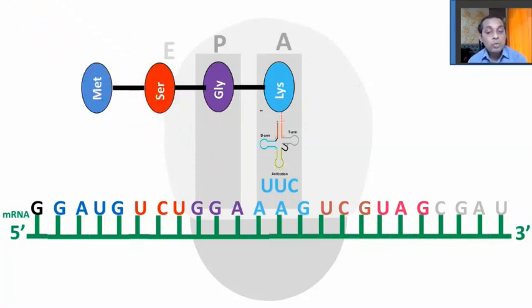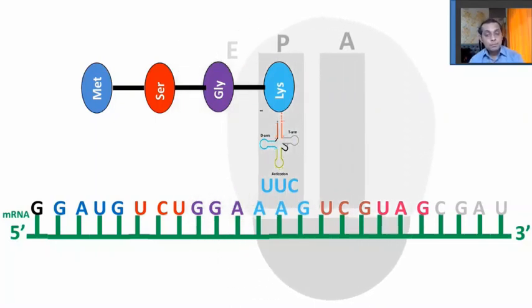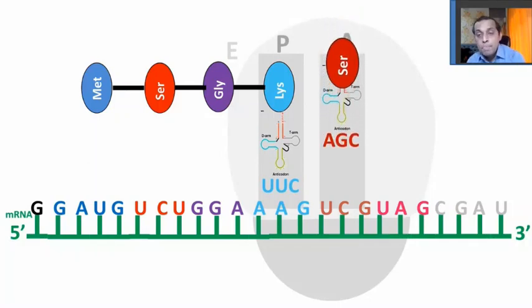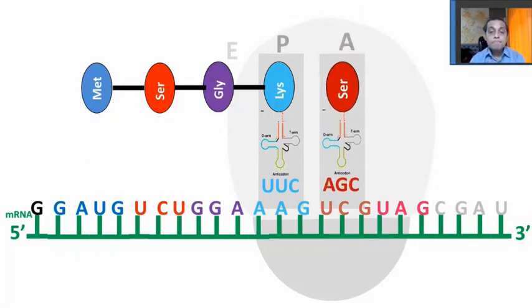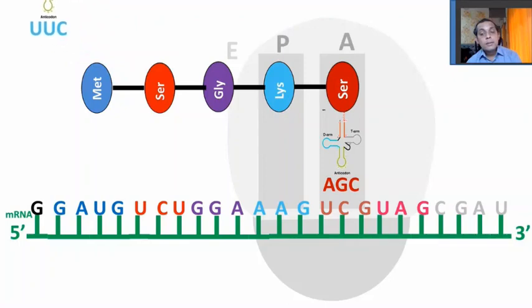Again, the ribosome will move to the next step. Again, a new tRNA amino acid has come. Here it is serine. Again, P is for the peptide bond. Again, exit. Like that, you see that here is the chain of amino acids getting elongated.